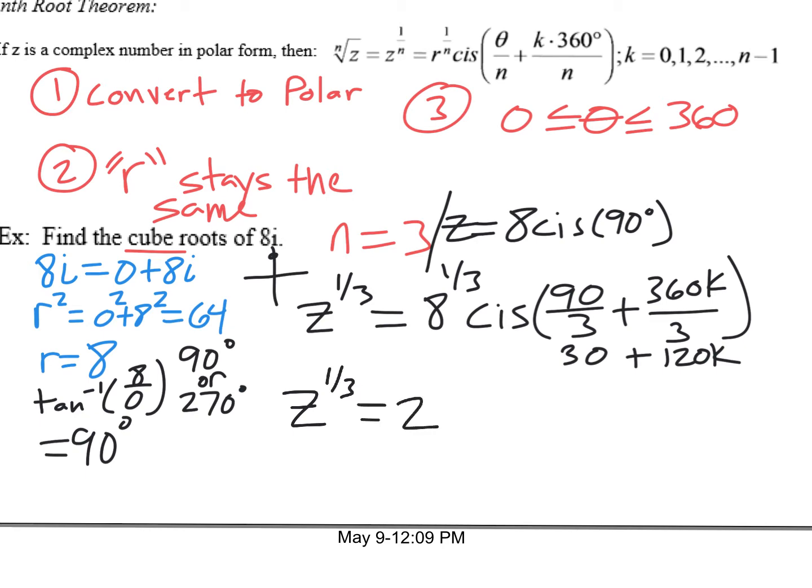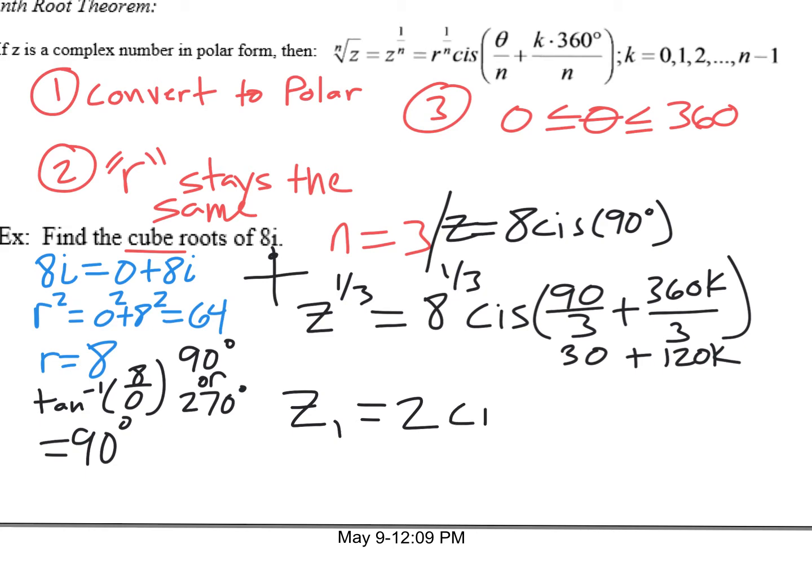Cube root of 8 is 2, okay? In fact, I'm not going to call this the 1/3 power anymore. I'm going to call it z sub 1 for like root number 1. Yeah, the cube root, or 8 to the 1/3 power, is 2. And remember, that's the second part of our strategy here, is that r just stays the same. So for all three roots, r is just 2. We're kind of done with that.